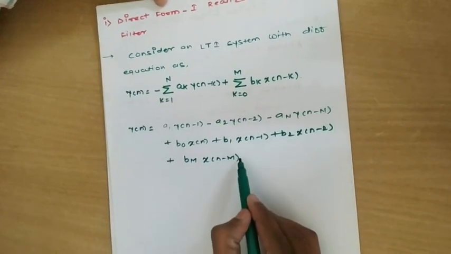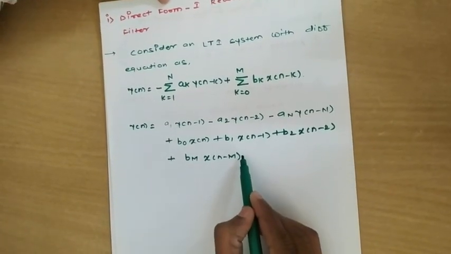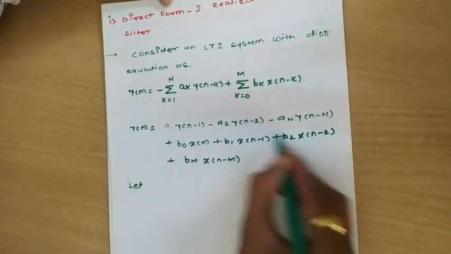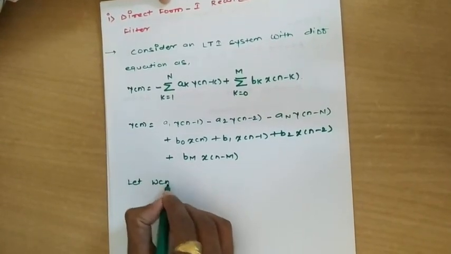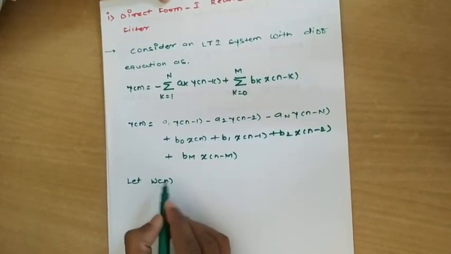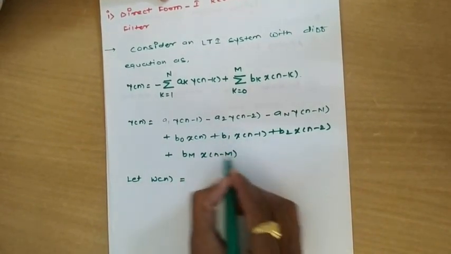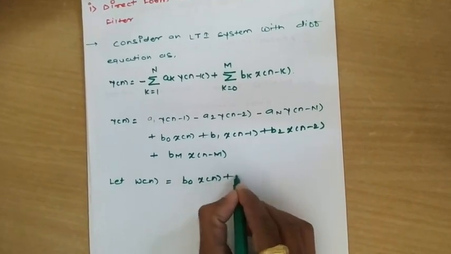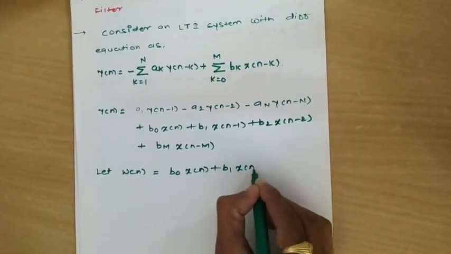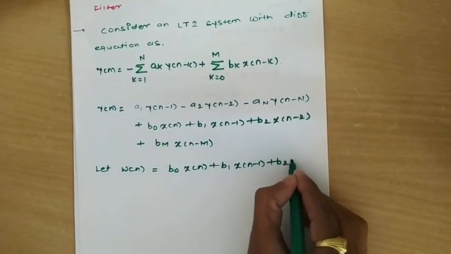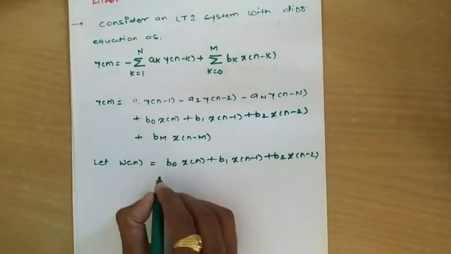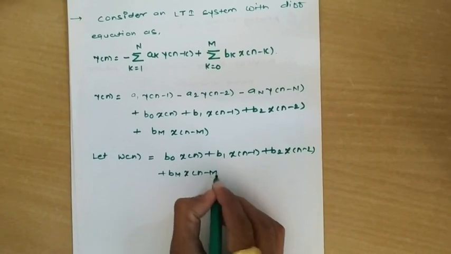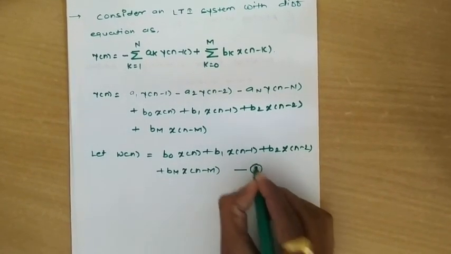Now in order to realize this difference equation, first I am assuming these input terms with another variable as w of n. So let us assume that w of n is equal to all input terms, I'm writing b0 x of n plus b1 x of n minus 1 plus b2 x of n minus 2 and so on plus bM x of n minus M. Let us assume that this is our first equation.